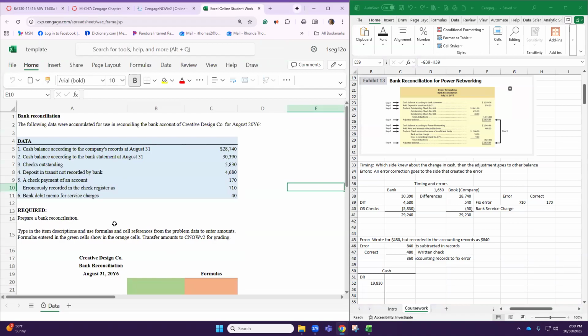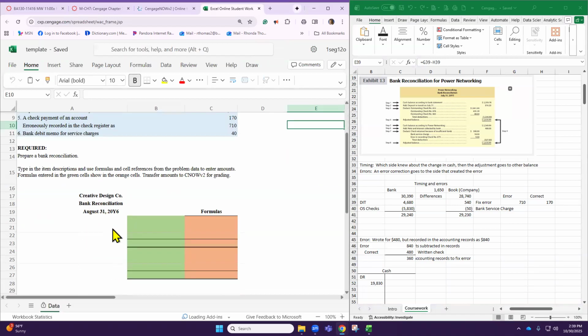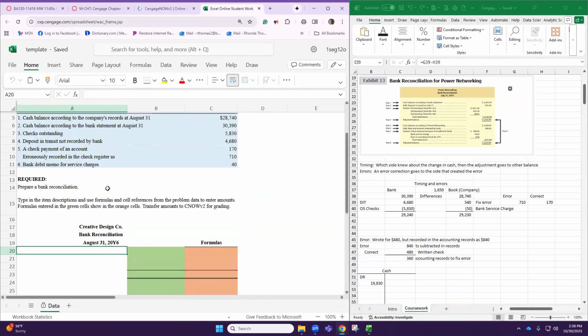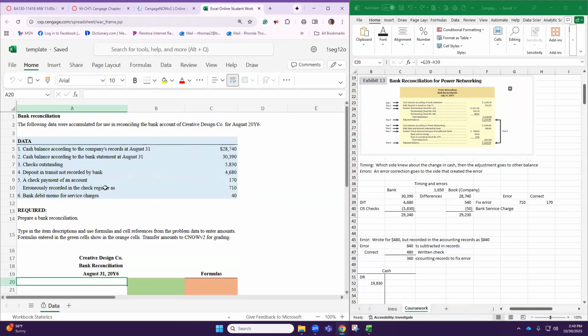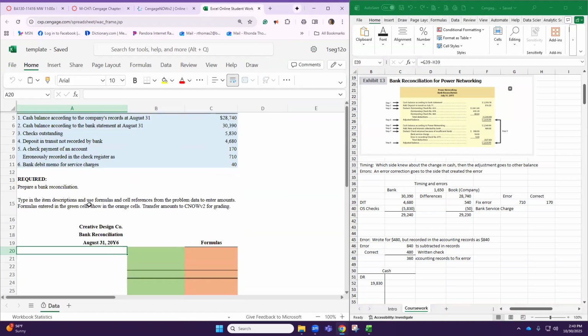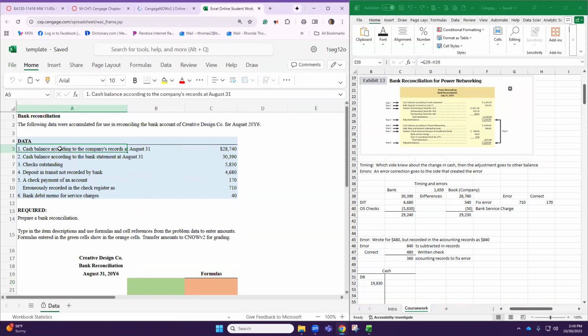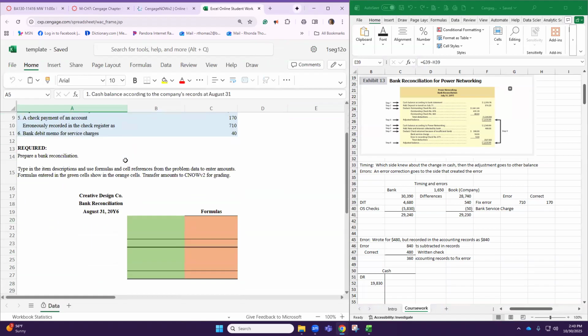And what are we doing here? You know what? We're not going to worry about this. I guess you copy and paste it. Okay. All right. Okay, let's copy this. So this is according to the company's records.